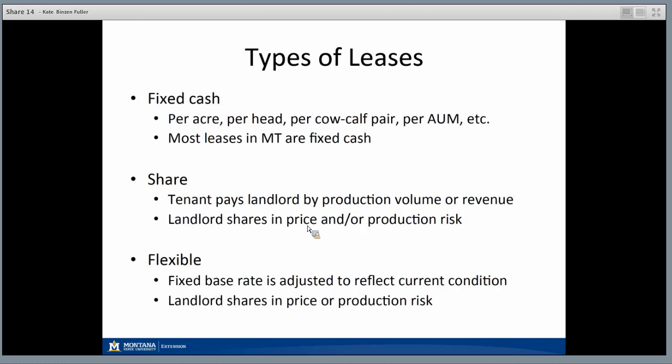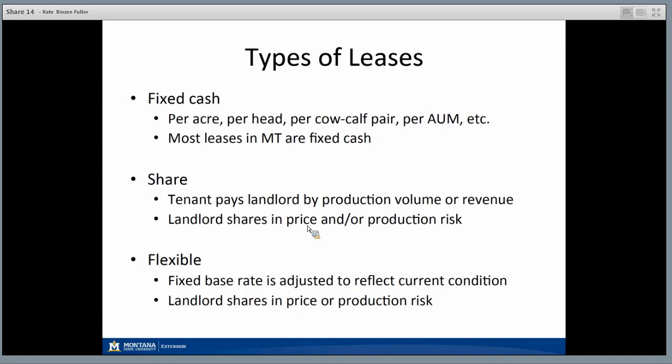It stays the same from year to year. It's on a per acre, per head, per cow-calf pair, or per AUM basis. The vast majority of leases, particularly pasture leases in Montana, are fixed cash. And that's generally true around the country as well.